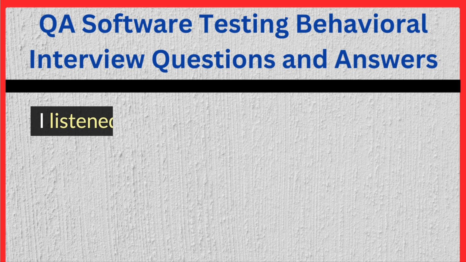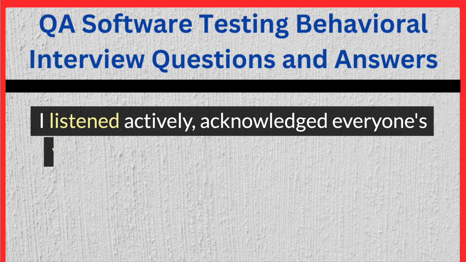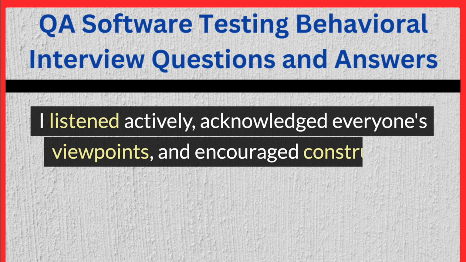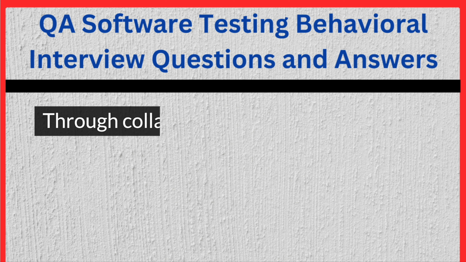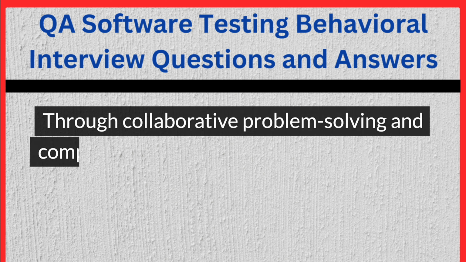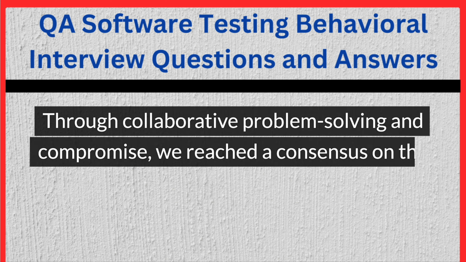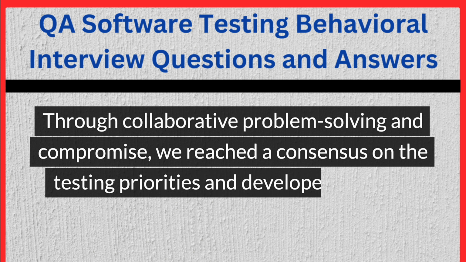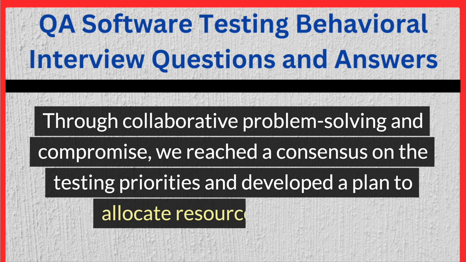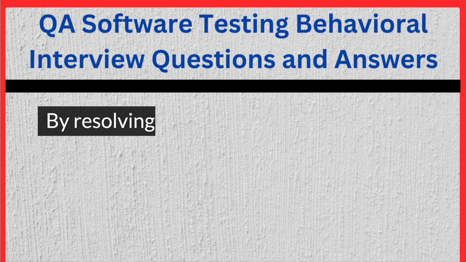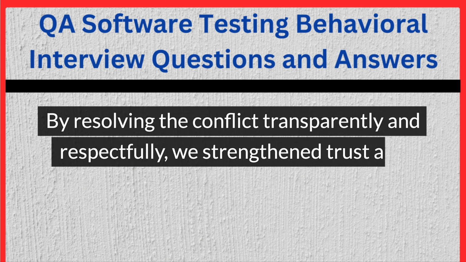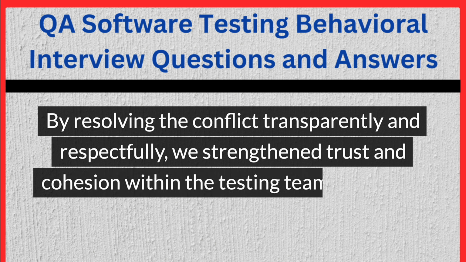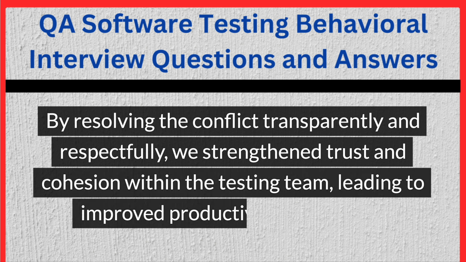I listened actively, acknowledged everyone's viewpoints, and encouraged constructive dialogue to find common ground. Through collaborative problem solving and compromise, we reached a consensus on the testing priorities and developed a plan to allocate resources effectively. By resolving the conflict transparently and respectfully, we strengthened trust and cohesion within the testing team, leading to improved productivity and morale.